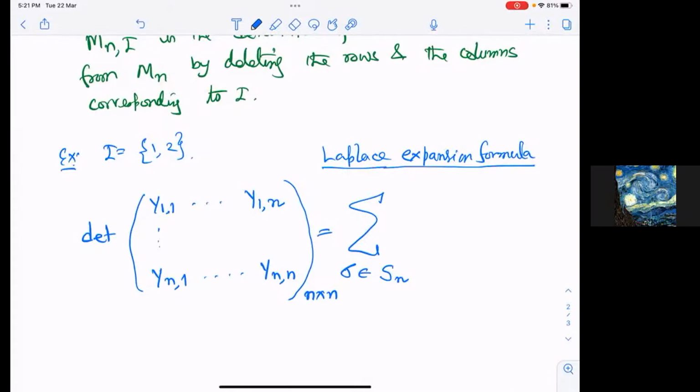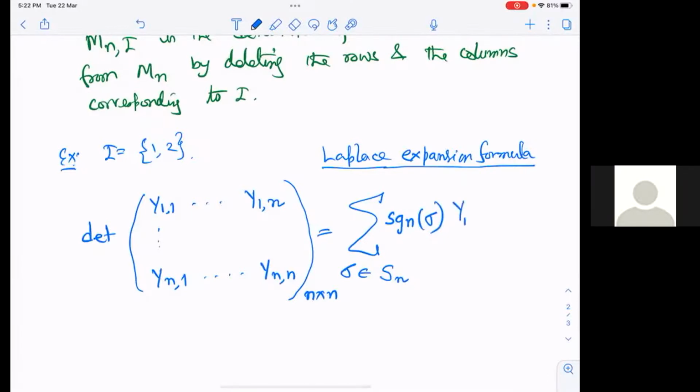Okay, so good. So sigma belongs to the symmetric group Sn, and the sign of sigma. For this class, it is not very important what the sign of a permutation is. You probably already know it's the parity of the number of inversions of a permutation, which is either +1 or -1, which is not very important for us.